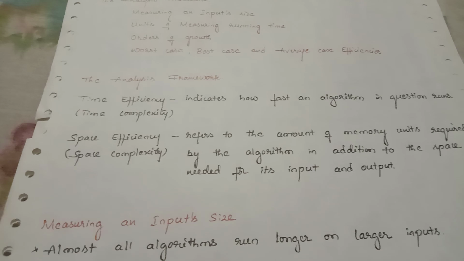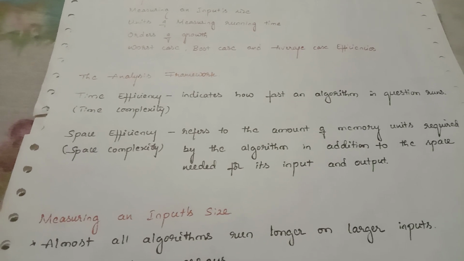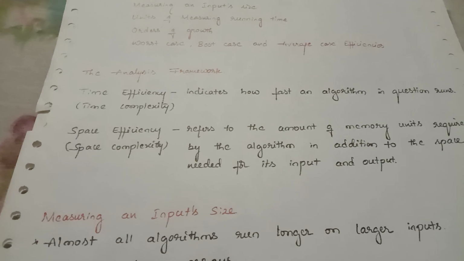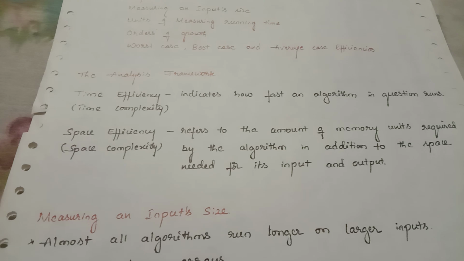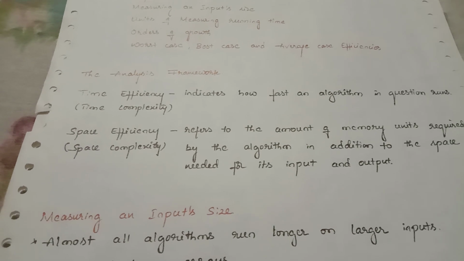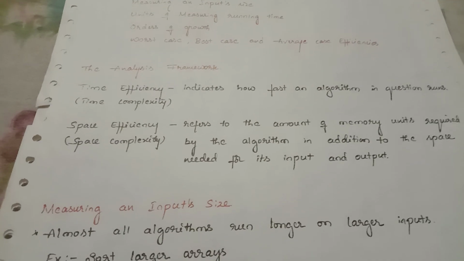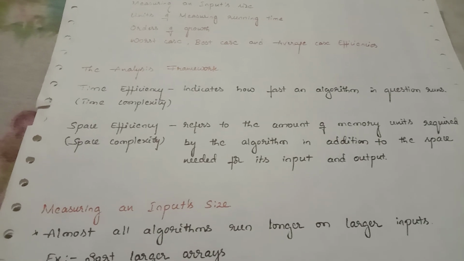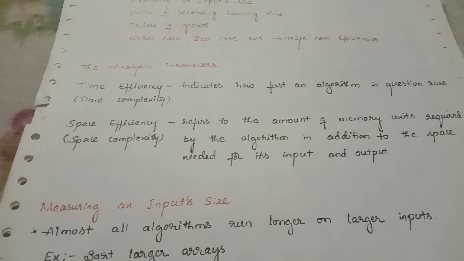One is time efficiency, which indicates how fast the algorithm in question runs. This time efficiency is also called time complexity.